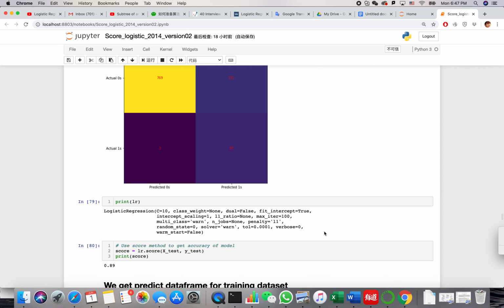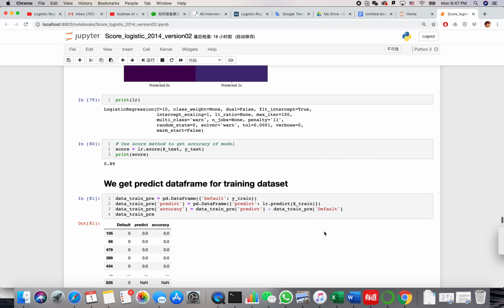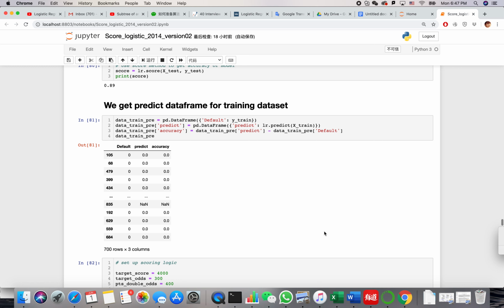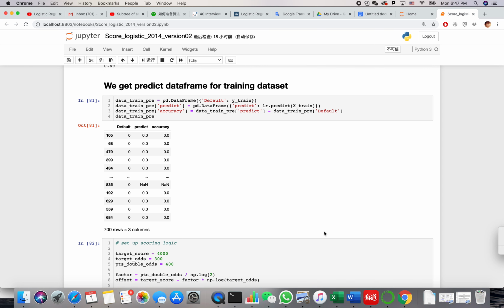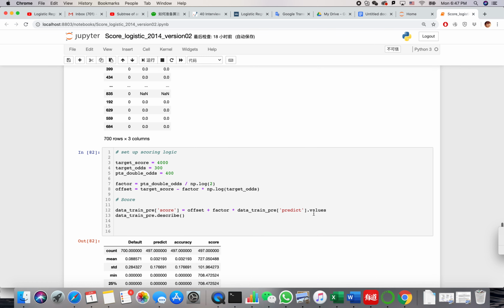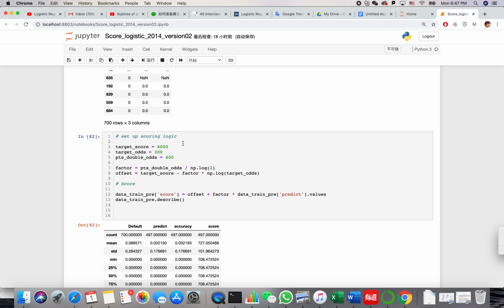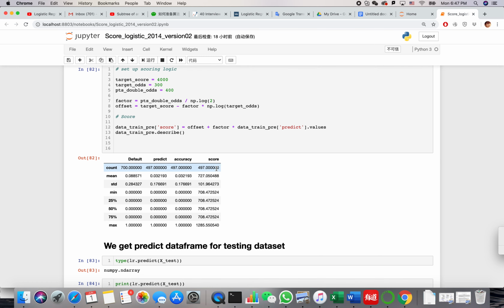Now we calculate their scores. Using this scoring logic, we calculate the score, and the sample score mean is 27, and the standard deviation is 101.